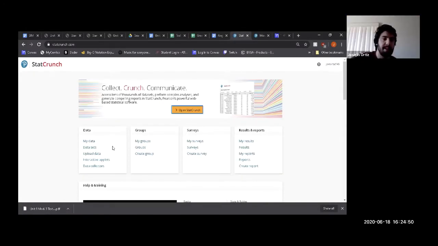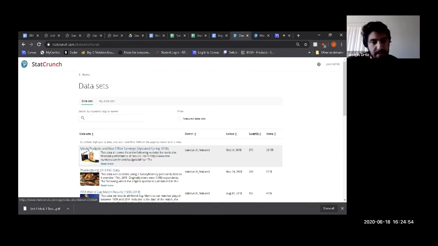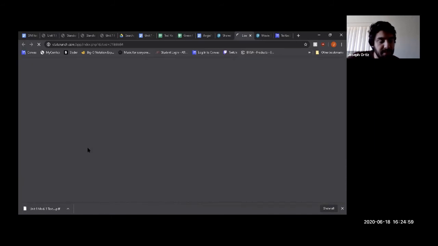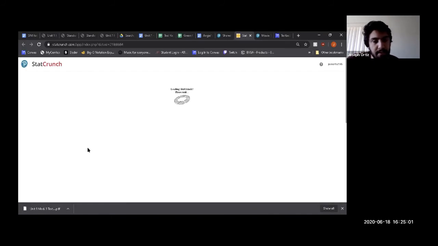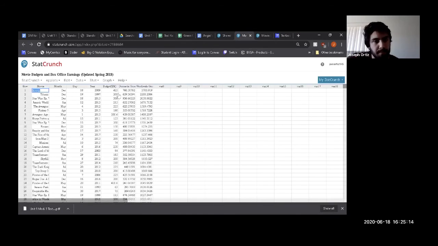Okay, so when I open up StatCrunch, how we did it for the StatCrunch exercise, just pick whatever you want. I'm going to put movie budgets and box office earnings because I know they have numerical data. Because histograms are for numerical. So what would be a numerical variable in this data?